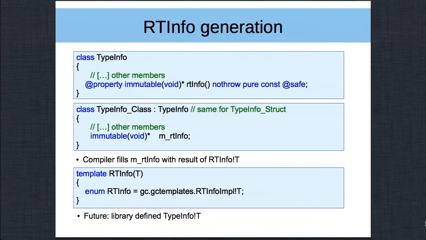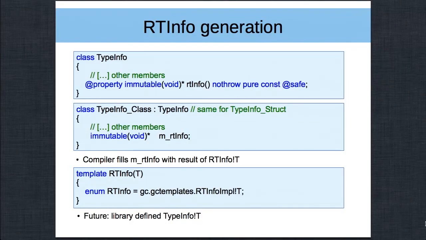But for class and struct type infos, there is a member inside this class, and the compiler fills this member of the class when it generates the class type info with the result of the invocation of the template RTinfo on the type.